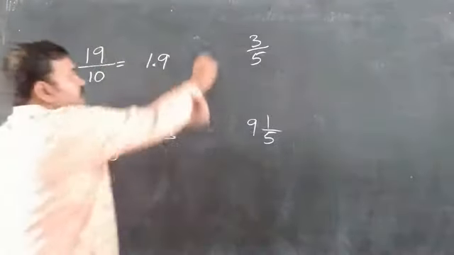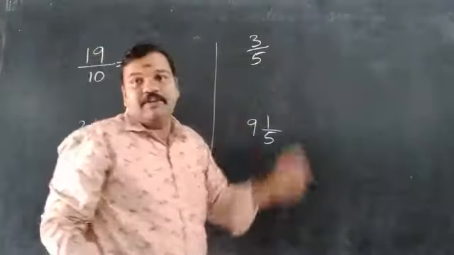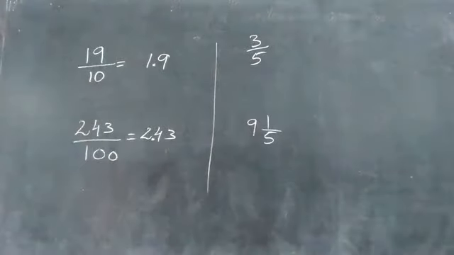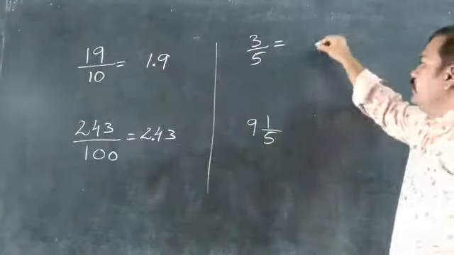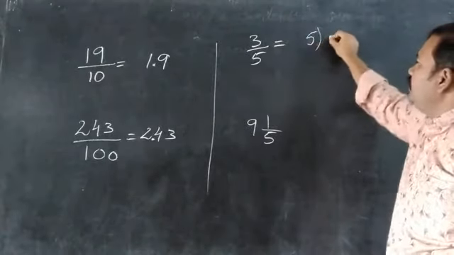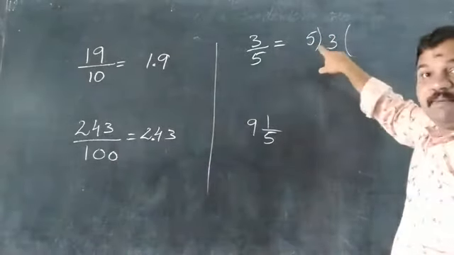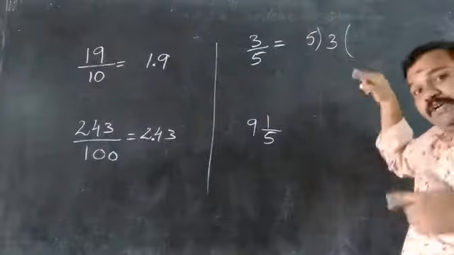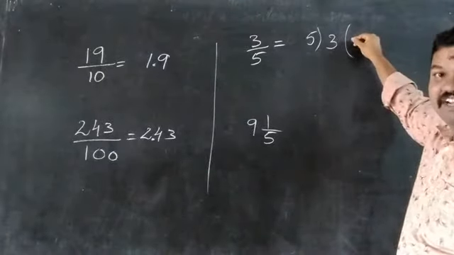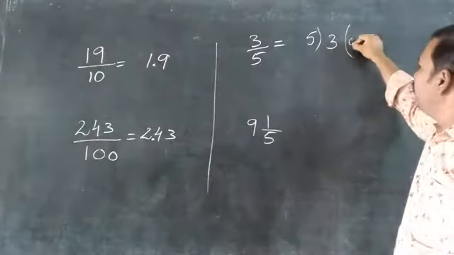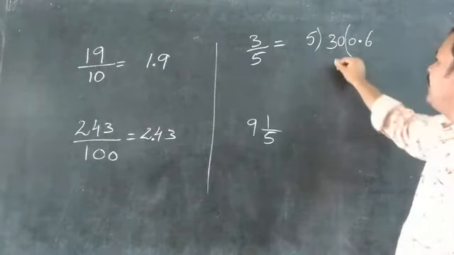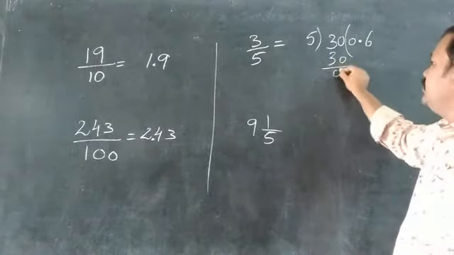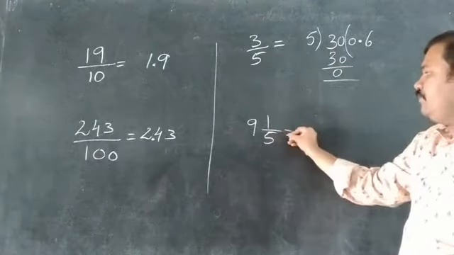The next one is 3 by 5. We have to change it to decimal form. To change to decimal form, we have to do division. 5 into 3, that is not possible, but we have a facility: put a point and a 0, which gives us 30. 6 fives are 30, so remainder 0. This is 9 1 by 5, a mixed fraction.